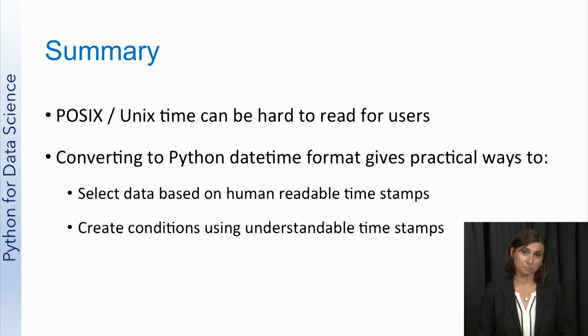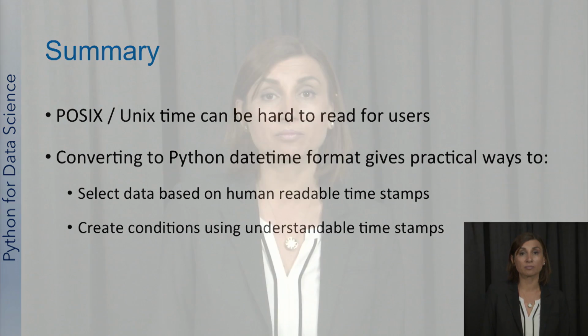In summary, POSIX or Unix time can be hard to read for users because it's a large integer, but converting it to Python datetime format gives us practical ways to select the data and make it human readable in terms of timestamps, and create conditions on it using understandable timestamps from a human readability point of view.